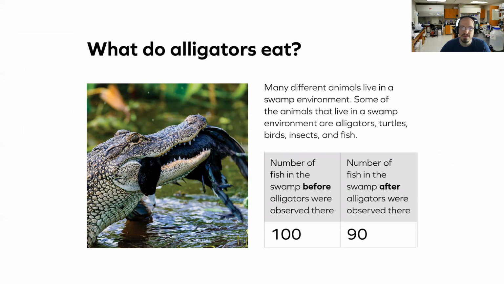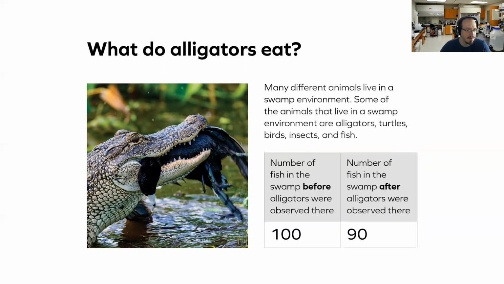Okay, so we have a bit of evidence here. So we have a picture, we have this text here that says many different animals live in a swamp environment. Some of the animals that live in a swamp environment are alligators, turtles, birds, insects, and fish. We have this table here that says the number of fish in the swamp before alligators were observed there is 100, and the number of fish in the swamp after alligators were observed there is 90.